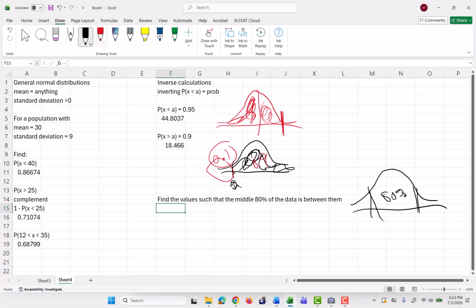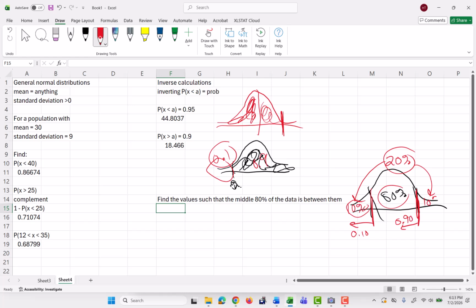If 80% is in the middle, that means there's 20% outside of it, and that is split equally to both tails because of symmetry. So 10% is missing on each end of the data. So that means this cutoff has a left tail area of 10%, which corresponds to 0.10. Over here, this would have a left tail area of 10 plus 80, which is 90%. So that'd be a left tail area of 0.90.